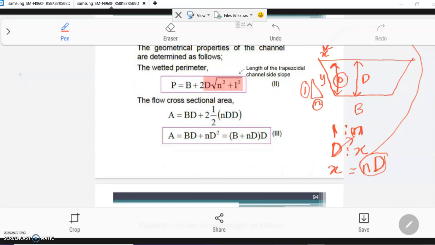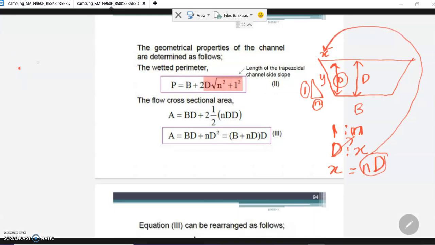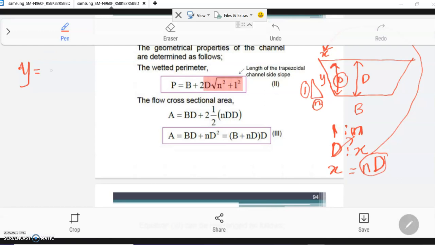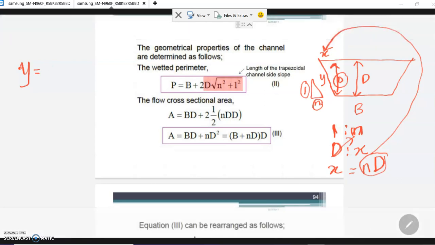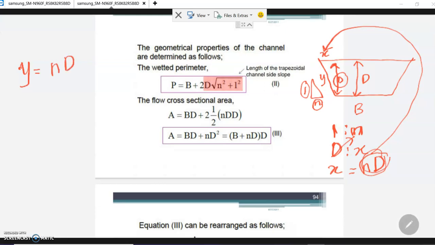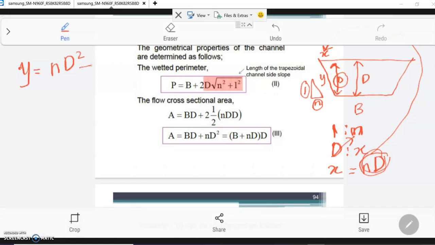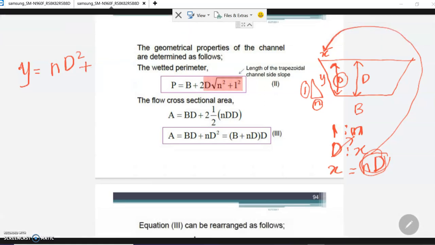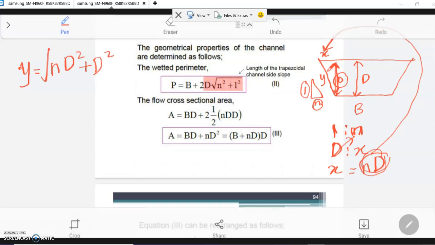So how do we need to identify the Y? So formula hypotenuse, Y equal to, okay, X is this one, ND, ND square plus D, this one D square, square root.